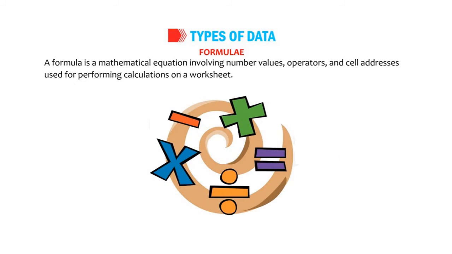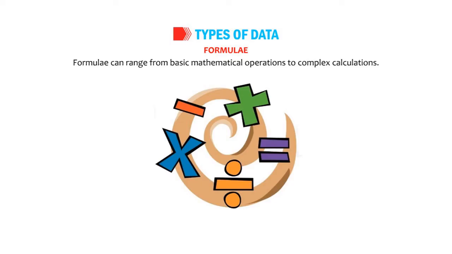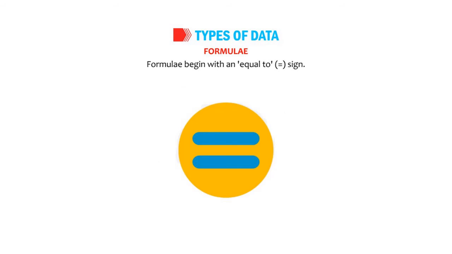Next is formula. A formula is a mathematical equation involving number values, operators, and cell addresses used for performing calculations on a worksheet. Formulas can range from basic mathematical operations to complex calculations. Formulas begin with an equal to sign.